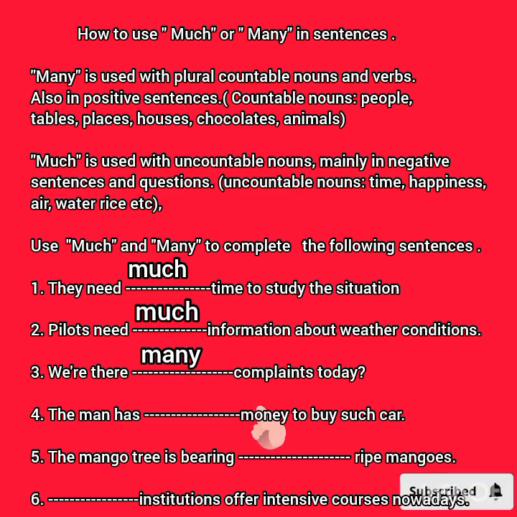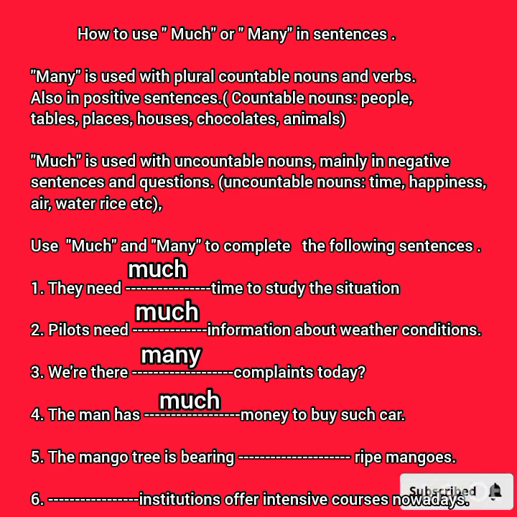Wealth cannot be counted, but a specific amount of money can be counted. So to make this sentence grammatically correct, the answer will be: the man has much money to buy such a car.